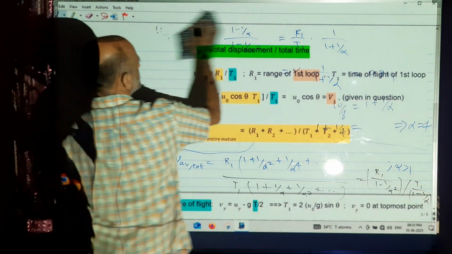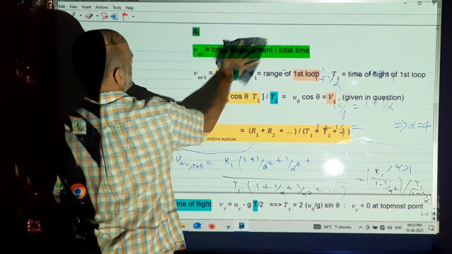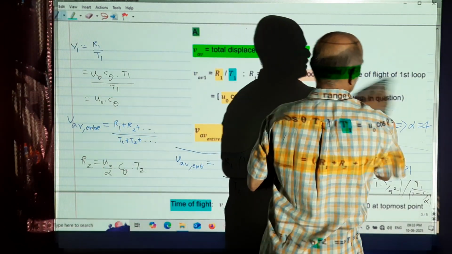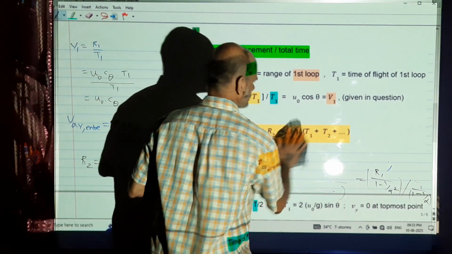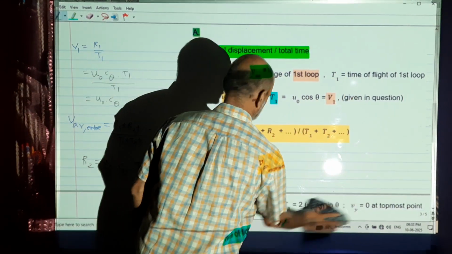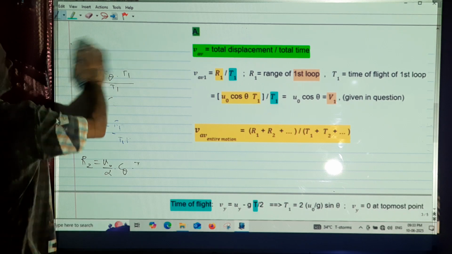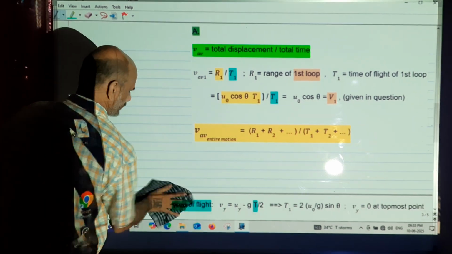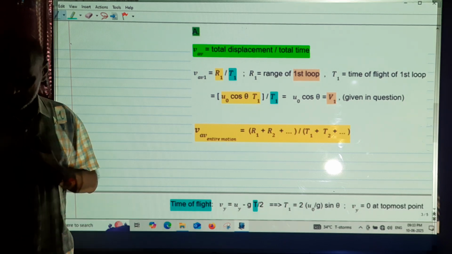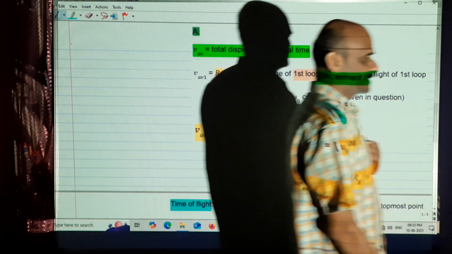This is what I explained here. Average velocity is total displacement over total time.